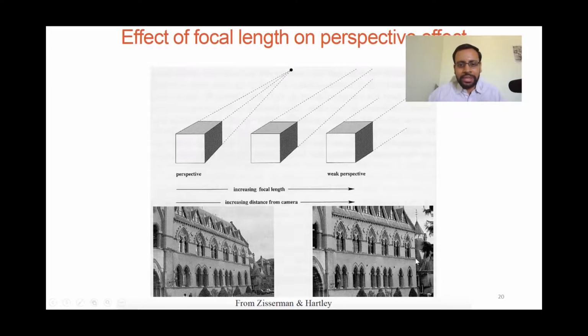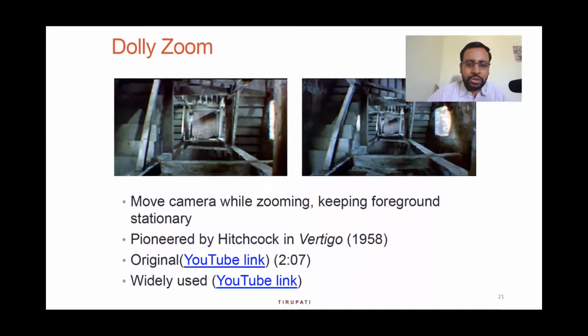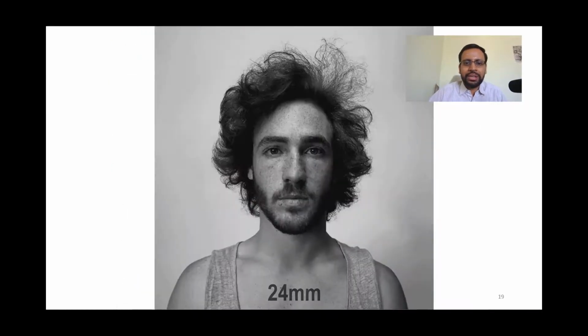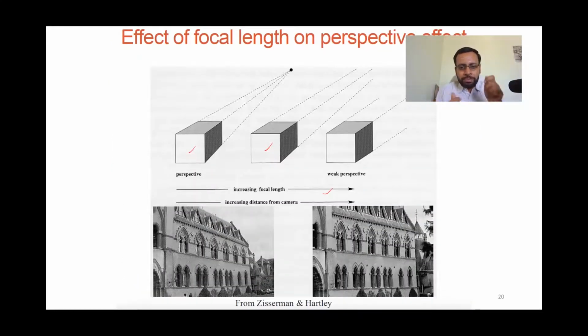Say for example here, this is the case where your focal length is increasing. At a very small focal length, the original object is a cube that you are taking. But when the object is closer to your camera, what would happen if you just extend these lines, which are the edges of the cube?